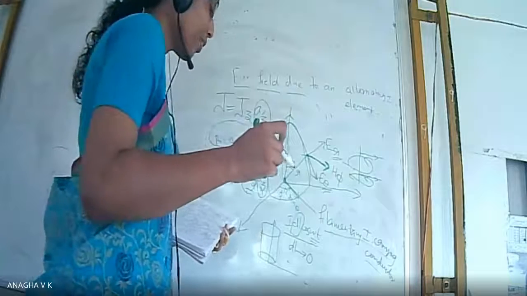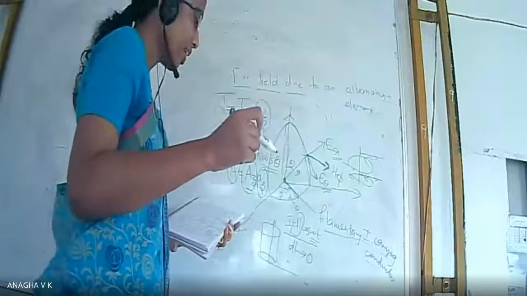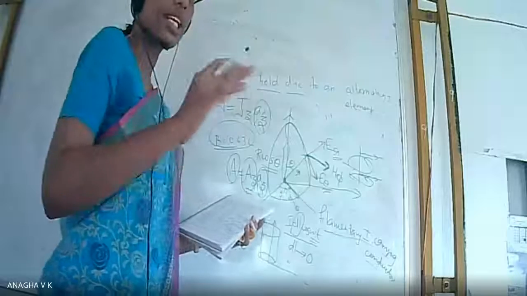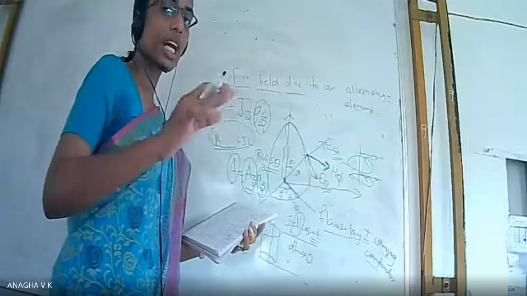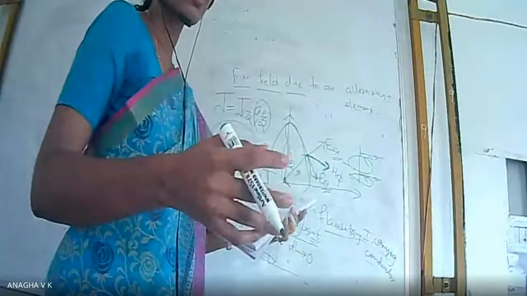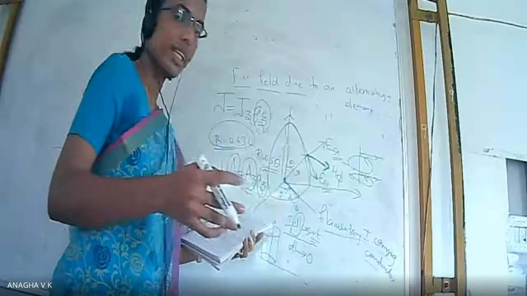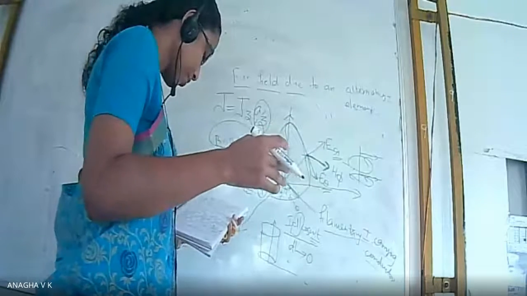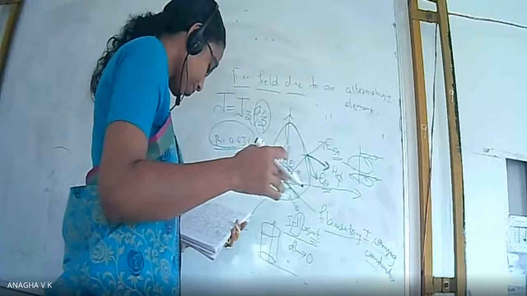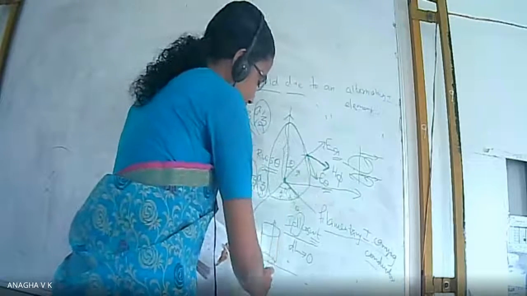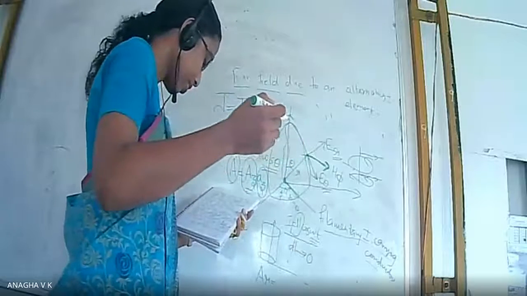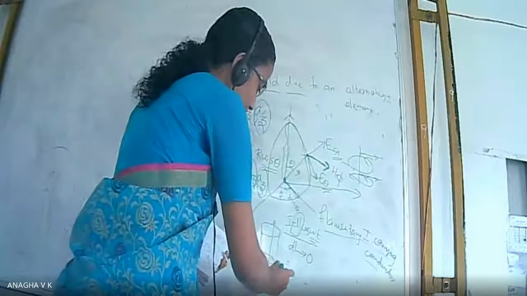So we need to transform the cylindrical coordinates to spherical coordinates. So AR is equal to Az cos theta.